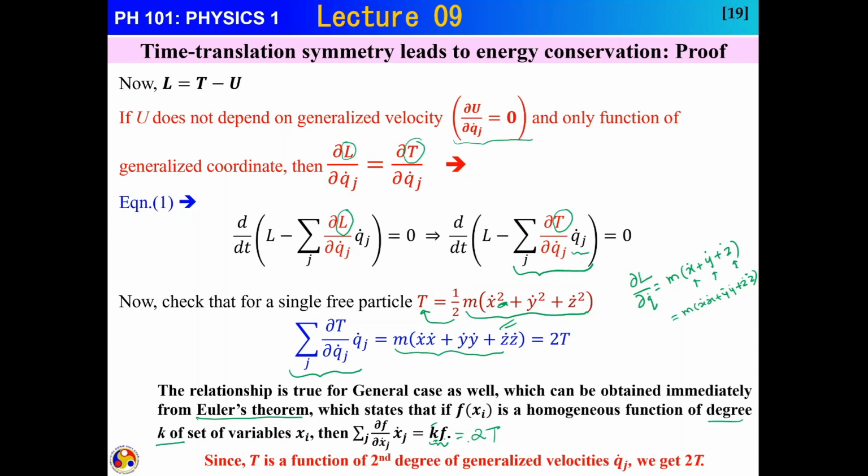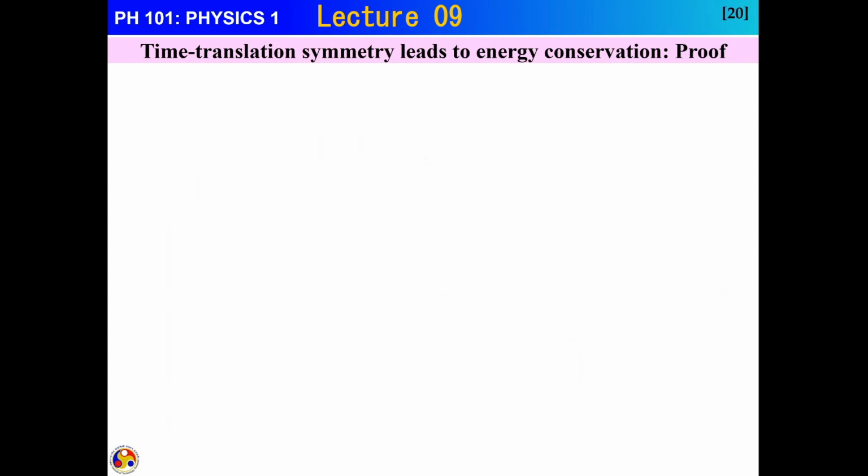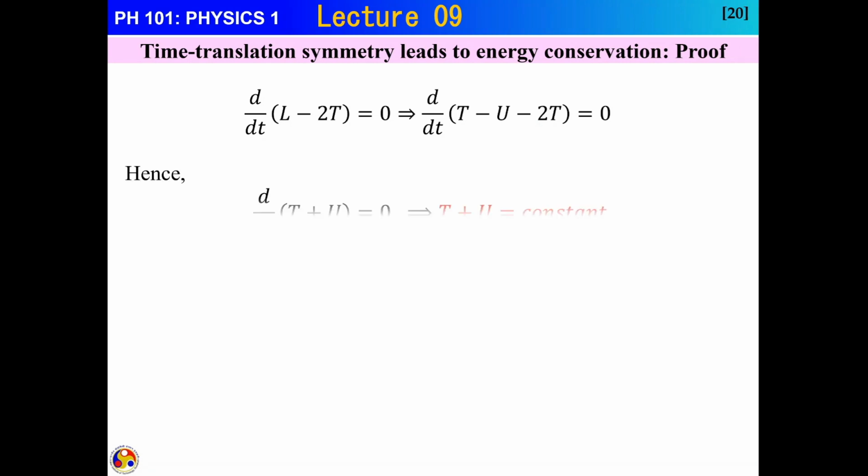Now we know the value here, altogether 2T for this particular example. Now we can substitute it here very simply. The time derivative of L minus 2T, you can rewrite it, L is T minus U. So cancelling this one will give us simply d by dt of T plus U is 0, and as you know, then this becomes constant.